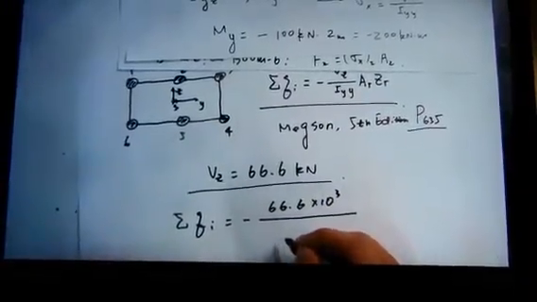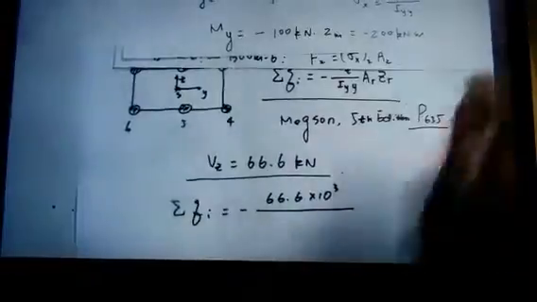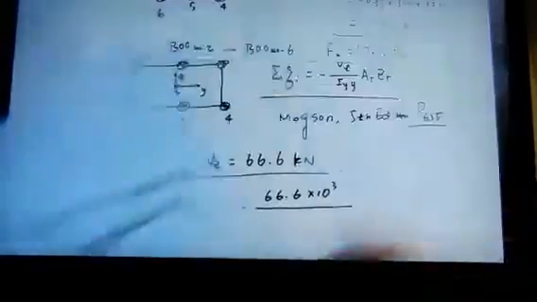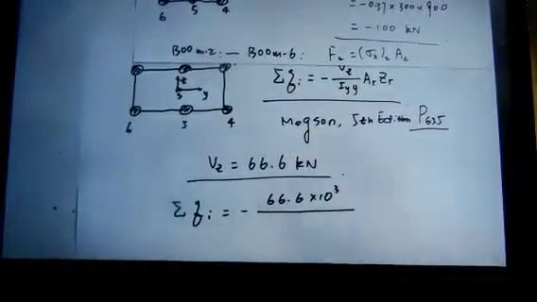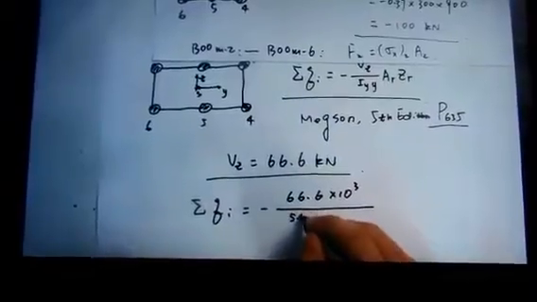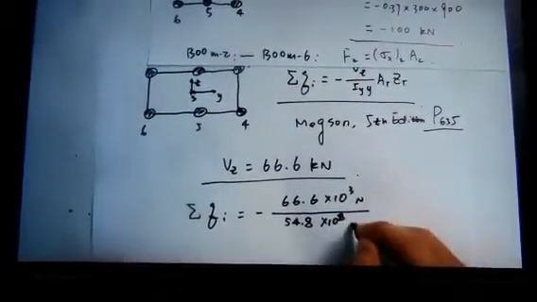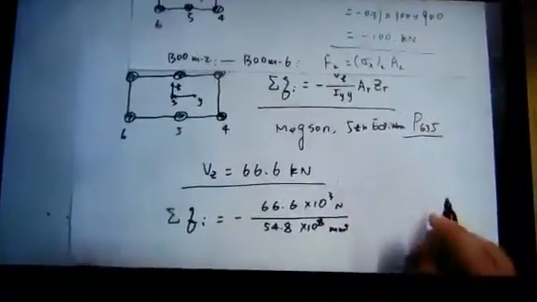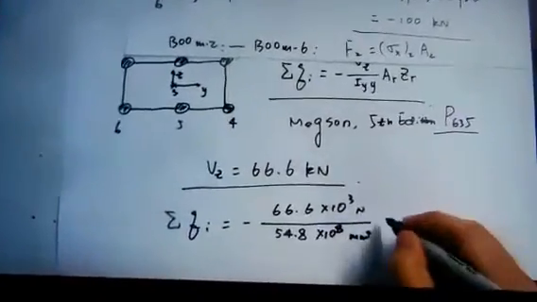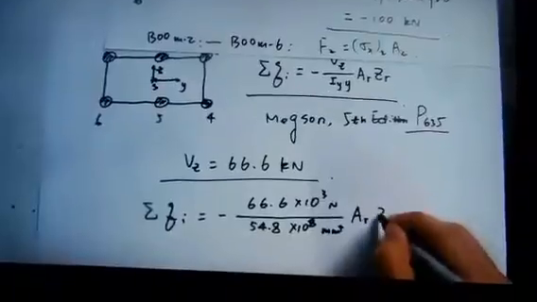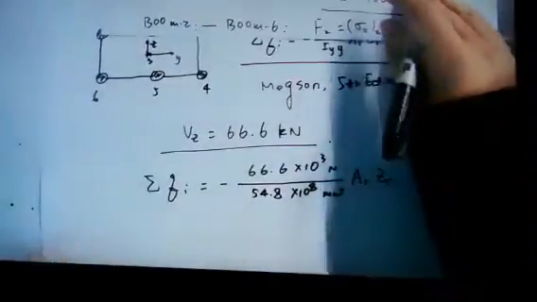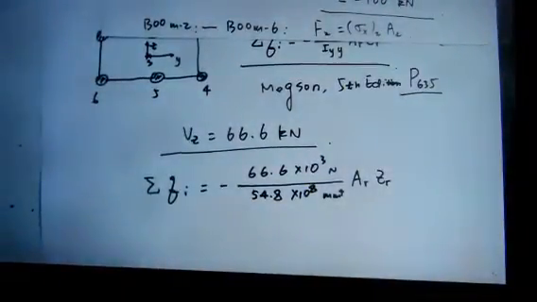And Iyy, same value, 10 to the 8. This one is Newton, this one is force times length to the fourth order. And A r, z r. This is the formula for the shear flow.